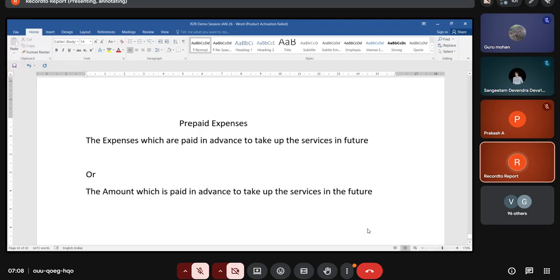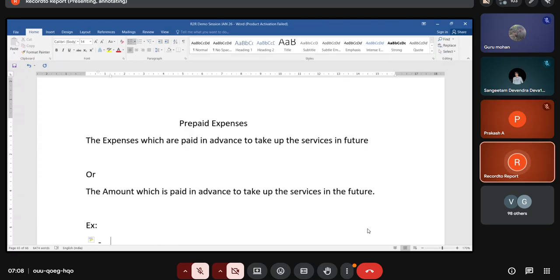The better example for prepaid is vehicle insurance, guys, like the company's insurance on machineries and the laptops issued to us in the companies, which are covered under insurance policies as per the Companies Act.